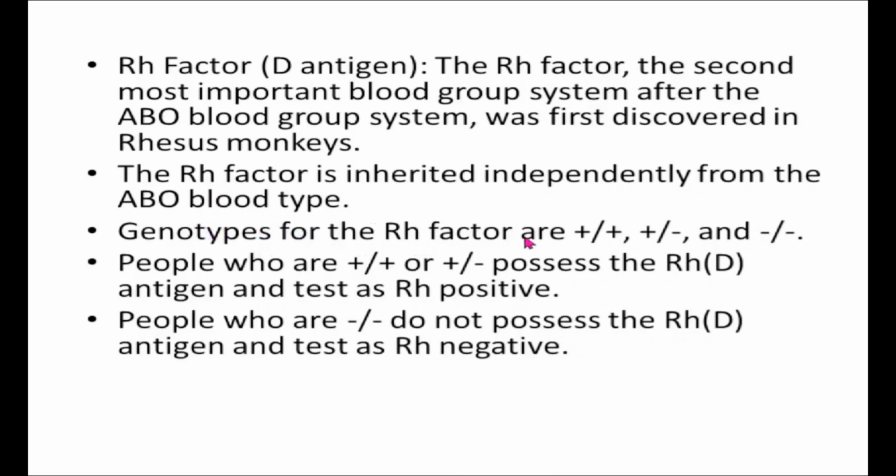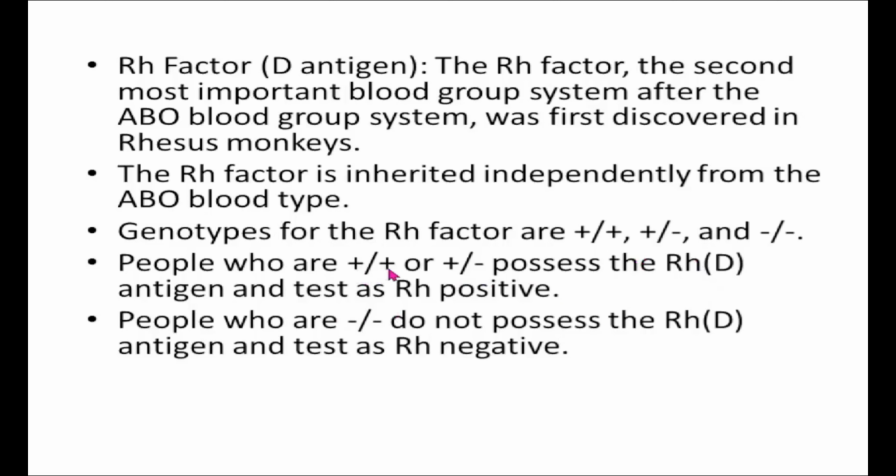Genotypes for the RH factor are plus plus, plus minus, and minus minus. People who are plus plus or plus minus possess the RHD antigen and test as RH positive. The plus indicates the existence of this protein.